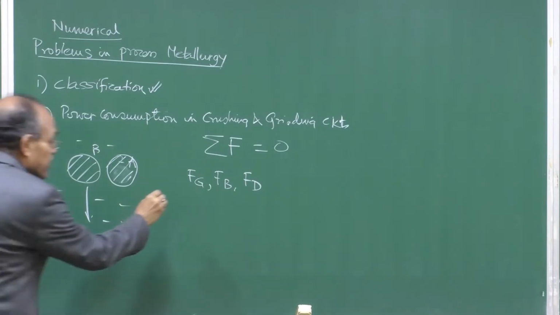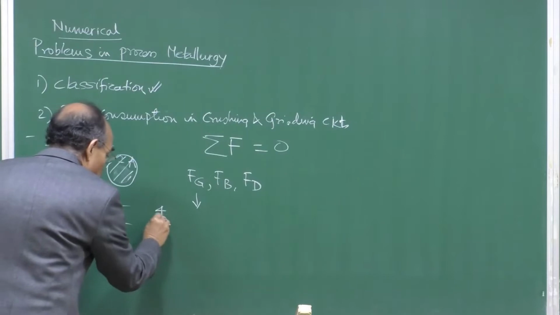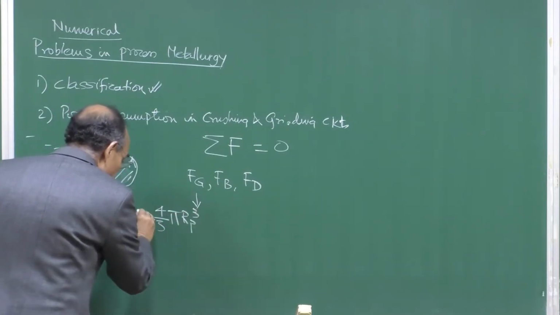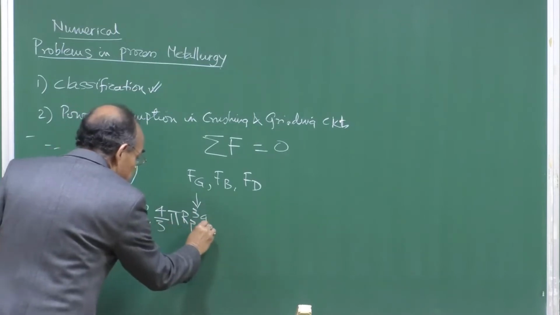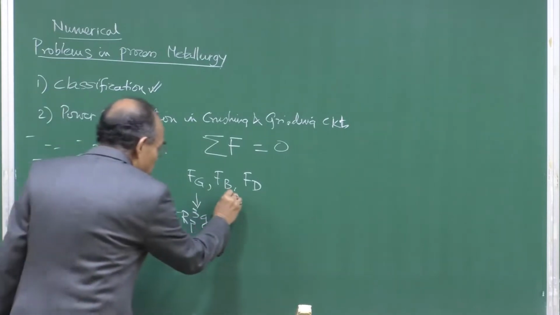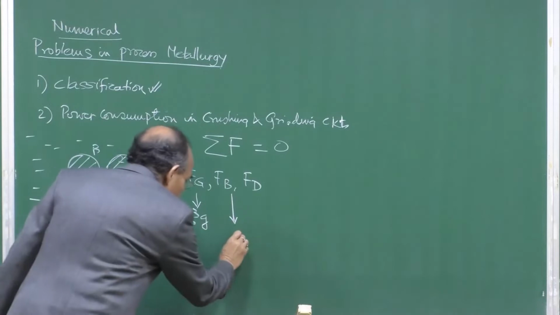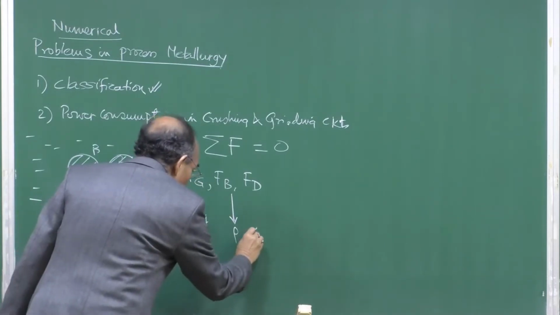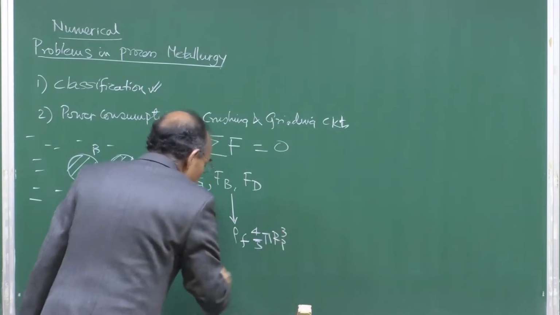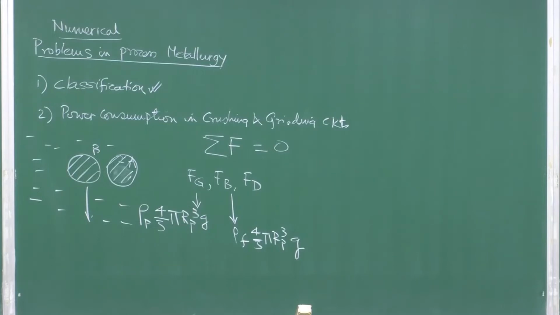One can show that the gravity force is nothing but the weight of the particle, which is equal to 4/3 pi r_p cube into rho_p multiplied by g. Mass into acceleration, mg, is the weight. Buoyancy is the weight of the displaced fluid. So, therefore, this is going to be rho_fluid times 4/3 pi r_p cube into g, that is the mass of the displaced fluid.